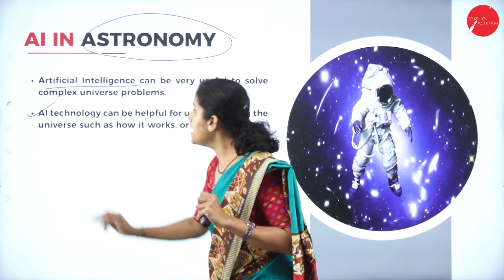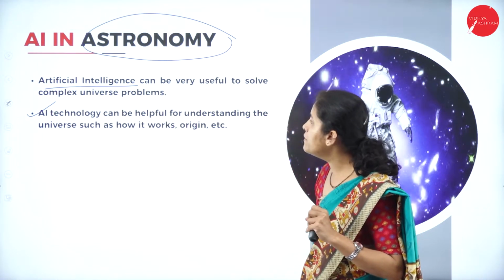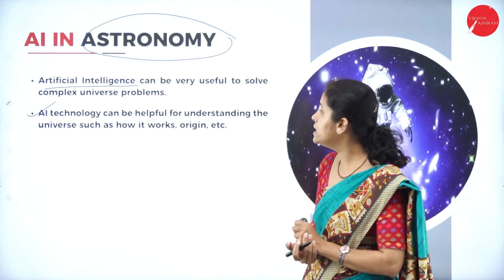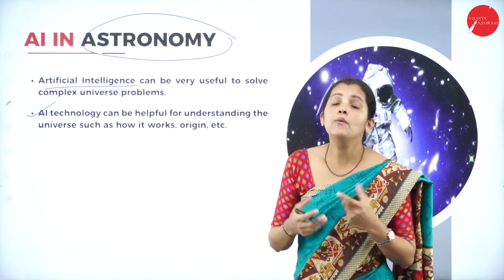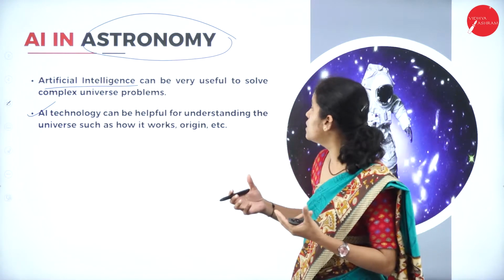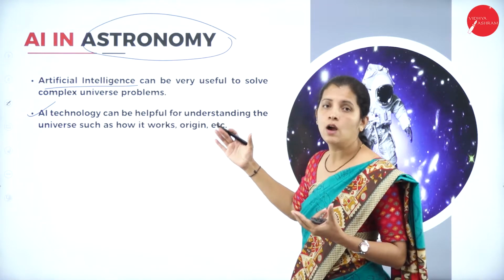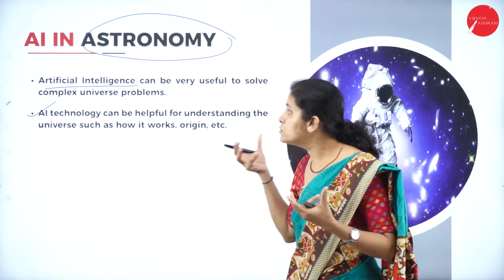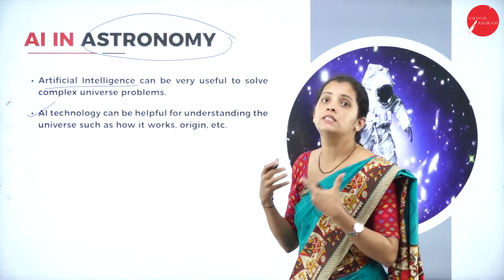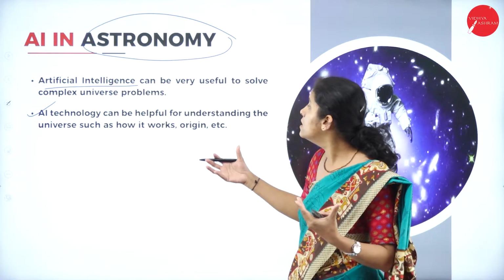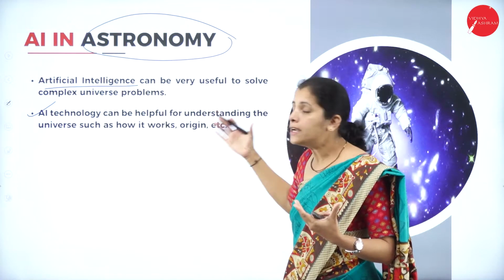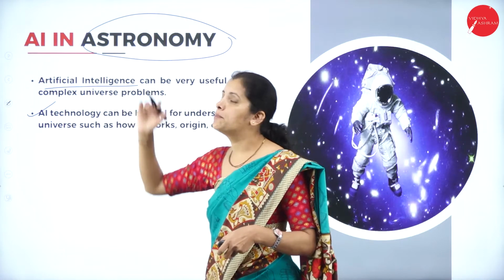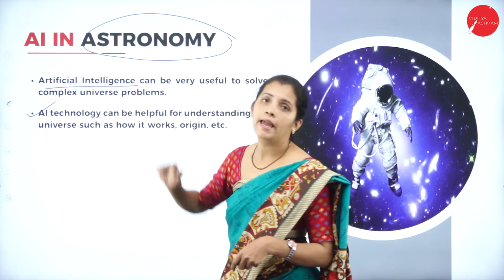So, AI technology can be helpful to understand the universe, how it works, what its origin is, what the working procedure of the universe is, what the distance is. To get all this information, I'm going to use AI.